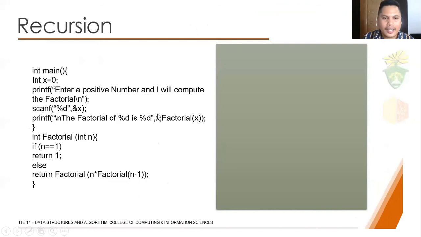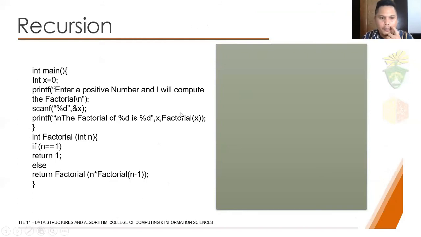Then ang isa ka %d will be taken ang iyang value sa result sa atong factorial. Meaning we invoke the function. So therefore ang control karon will be transferred to factorial in n.